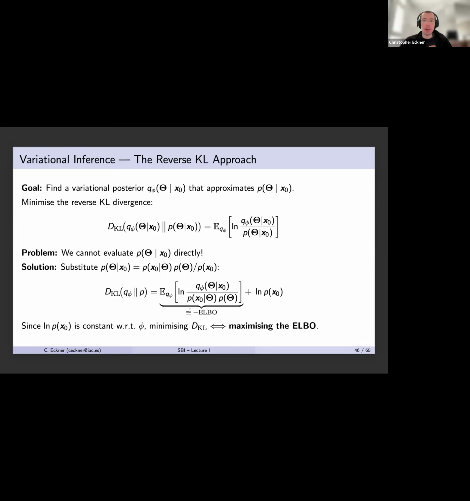I think the ELBO was also introduced by Gabi last week. What you then do is maximize the ELBO to do variational inference, which is in principle a very comparable object to neural posterior estimation, but just in reverse.